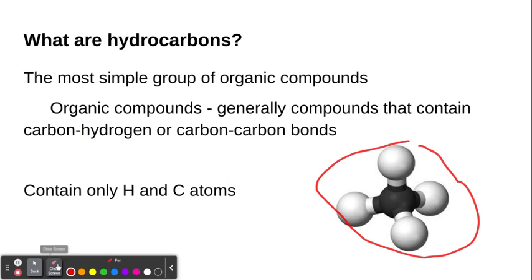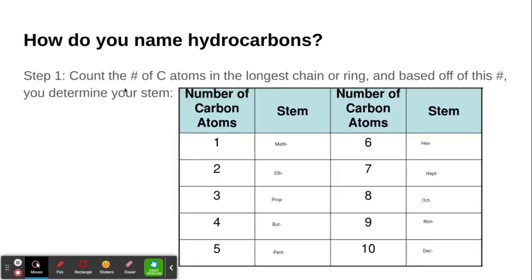All right, so step one of how to name hydrocarbons. First, you're going to count the number of carbon atoms in the longest chain or ring, and based off of this number, you're going to determine your stem. As you can see here, you have a number of carbon atoms with your stems. The good news is that if you know your original stems from naming molecular compounds, they're all the same except for 1 through 4.